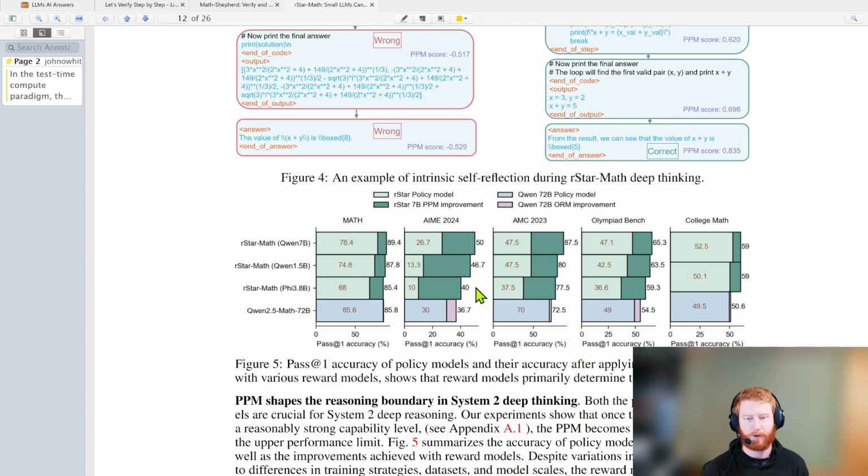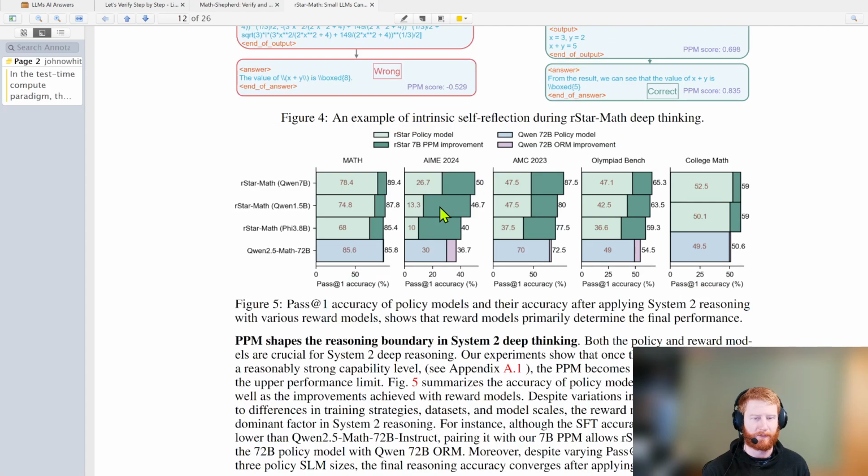And so they show how useful this is, and then they also show some comparisons using a 72 billion parameter outcome reward model. So to produce a bunch of trajectories and then use this big 72 billion parameter model to pick the best, and that gives you some boost, even applied to a 72 billion parameter policy model, but still not nearly as big of a boost as their policy model paired with their process model.